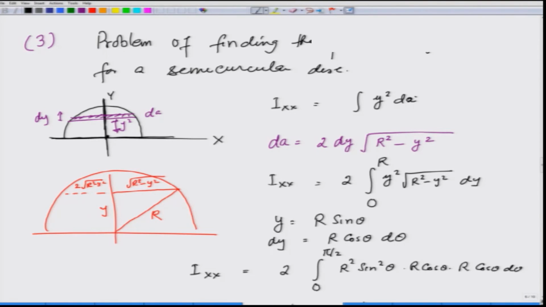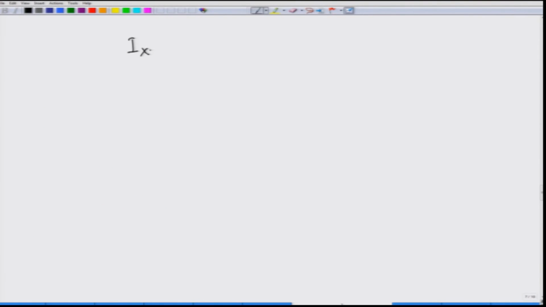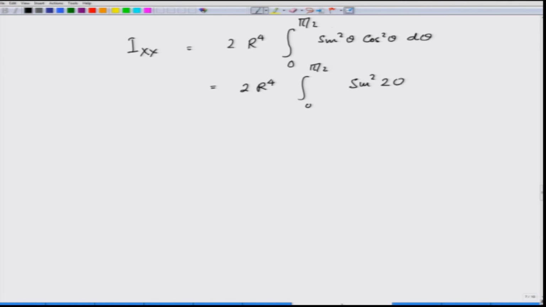Therefore, I can write this whole thing as Ixx is equal to 2 r raised to 4 integral 0 to pi by 2 sine square theta cosine square theta d theta, which I can write as 2 r raised to 4 integral 0 to pi by 2 sine square 2 theta divided by 2 times 2 d theta.